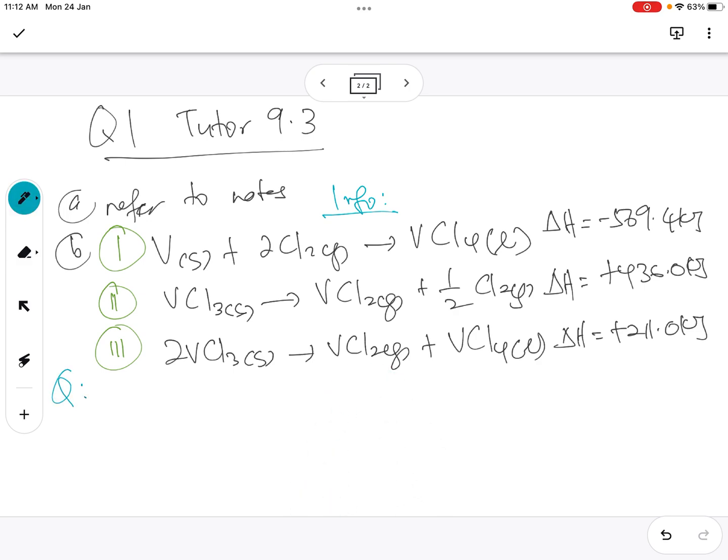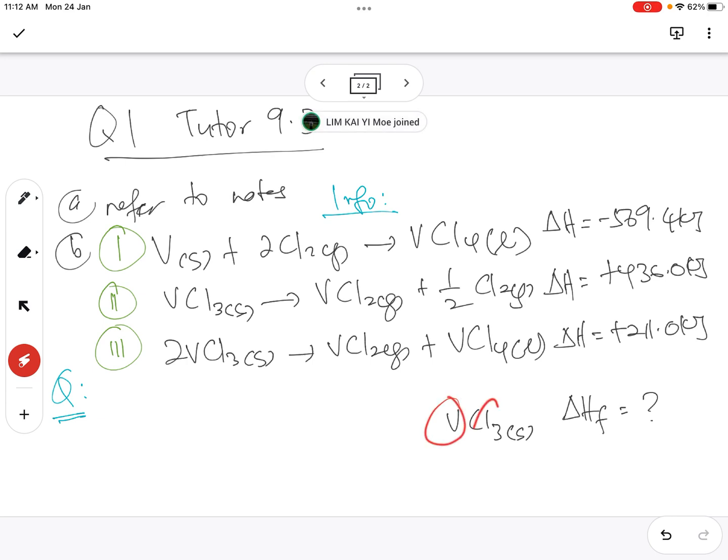Now the question wants us to find the enthalpy of formation of vanadium trichloride, which is a solid. They want us to find what is the value of enthalpy of formation. So we have to know the elements for formation.